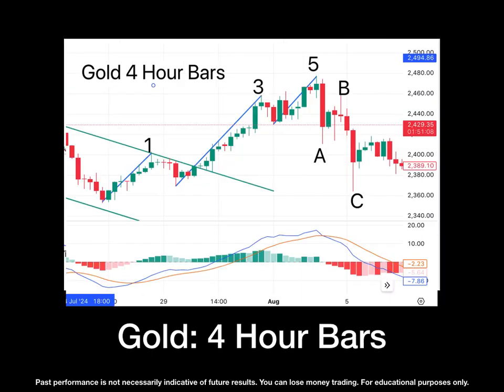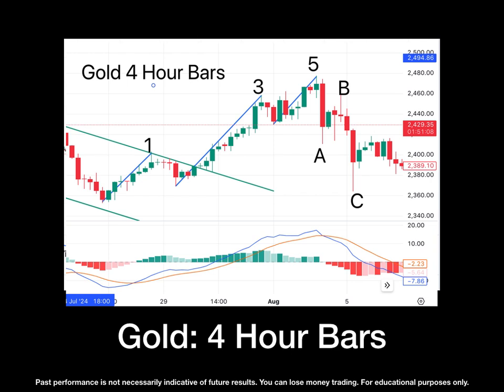Now let's zoom in on the gold 4-hour chart showing more recent action. We can see, starting from left to right, that we have 3 Elliott primary waves up. These are labeled 1, 3, and 5. Waves 2 and 4 are the counter trend waves.